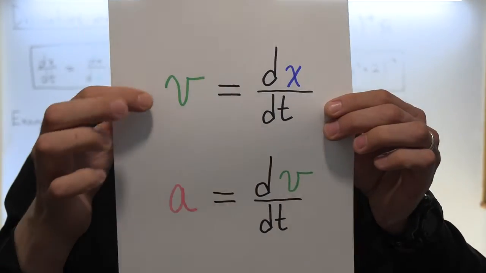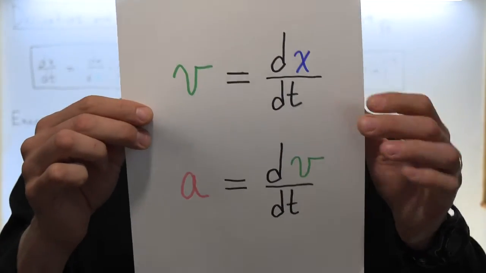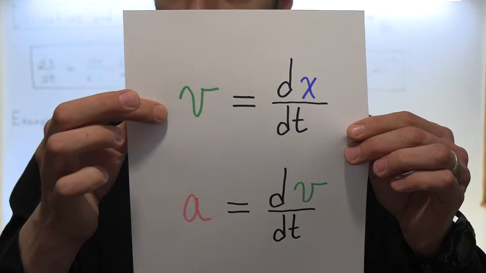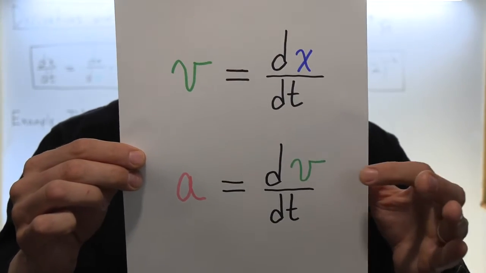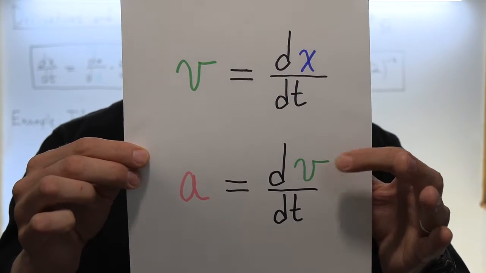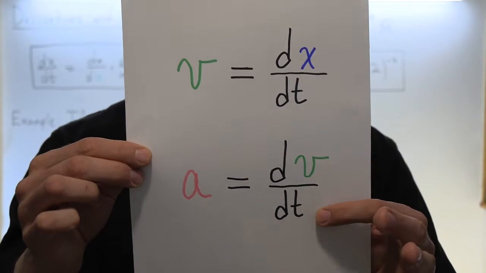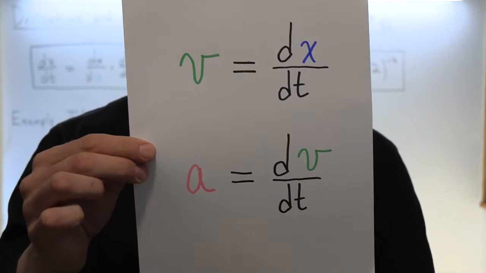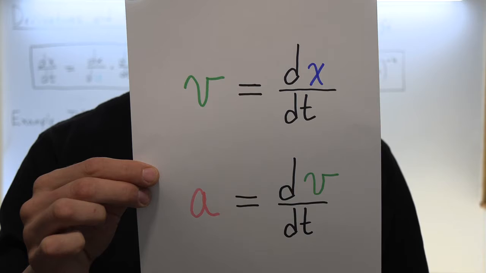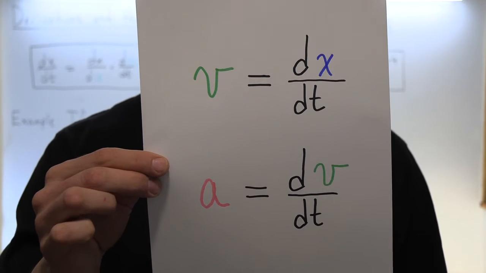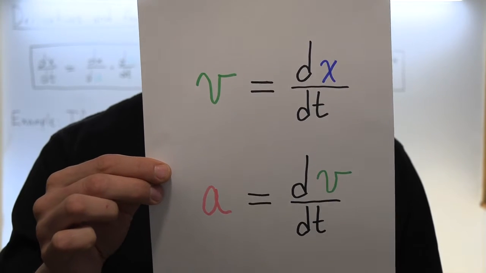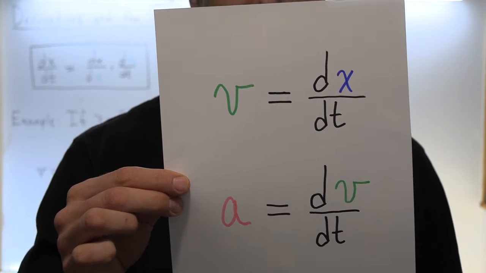That's the velocity of the object. Then velocity itself can change. So then we can find the derivative, the change in velocity for tiny fragments of time, and that is the instantaneous acceleration.